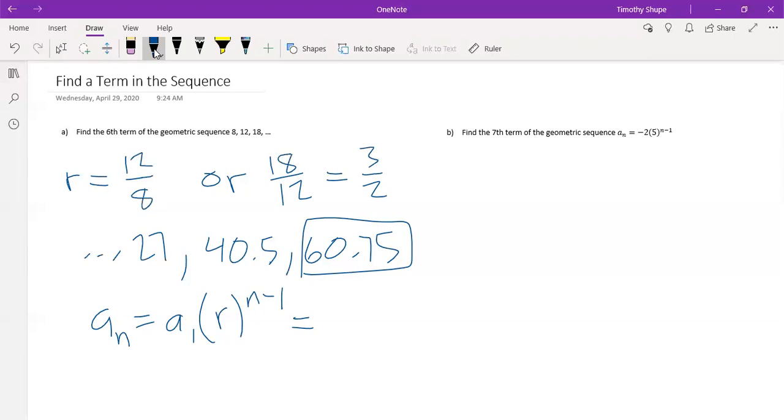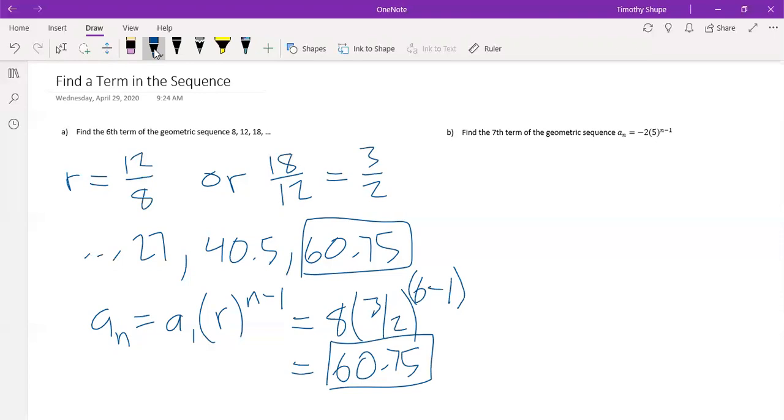And our first term was 8, so 8 times the ratio of 3 halves raised to the 6 minus 1. And if I plug that into the calculator and make sure that this exponent gets grouped together, I'm also going to get 60.75.